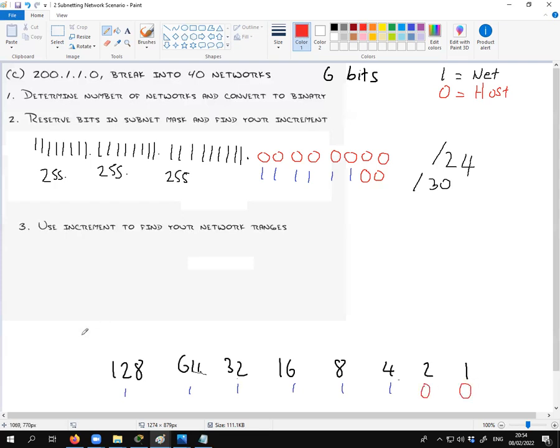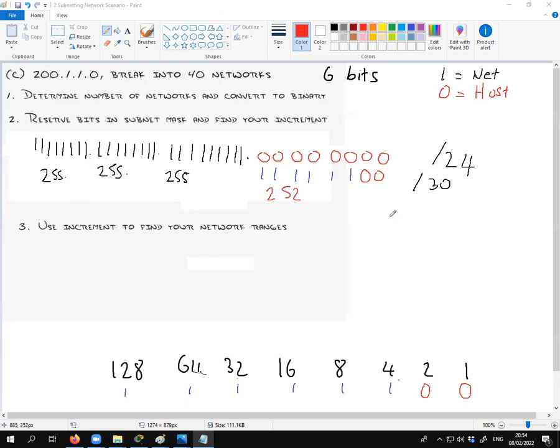So 128 plus 64 is 192 plus 32 is 224 plus 16 is 240 plus 8 is 248 plus 4 is 252. So your new subnet mask is going to be 255.255.255.252. Is that okay, guys? Yep. Okay, cool.